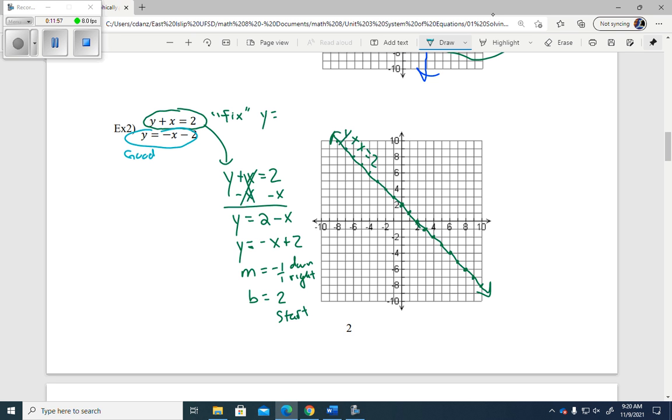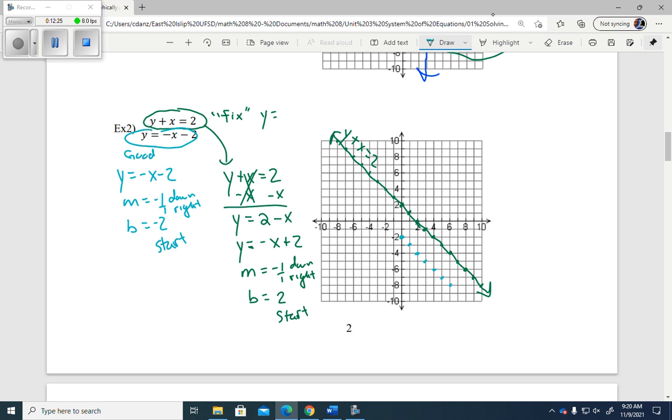It's already in y equals form. So if y equals negative x minus 2, the slope is negative 1, and the y-intercept's negative 2. I'm going to start at negative 2. I'm going to make my slope look like a fraction, and I'll go down 1 and right 1. Do you notice that both lines went down 1, right 1?